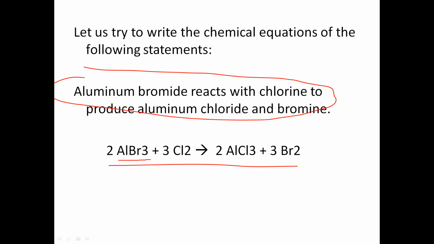Aluminum bromide, AlBr3, the coefficient is 2, just to maintain the law of mass conservation. So there are 2 molecules of aluminum bromide that will react with, that's the plus sign, 3 chlorine molecules and produce aluminum chloride, 2 AlCl3, and then 3 bromine molecules. So that's how we're going to convert this statement into a chemical equation.